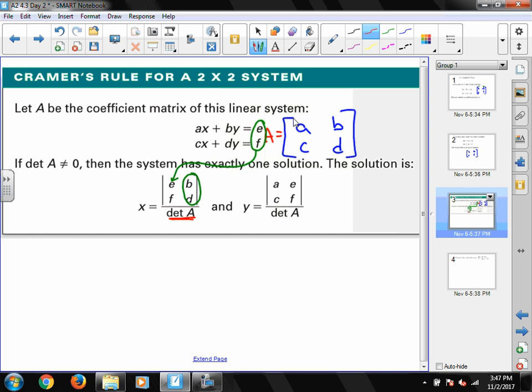Again, we go back to our matrix A. If we're going to find the y, our x's stay the same, so I keep my x coefficients, a and c, in there. Then I'm going to take e and f and plug them in where our y's would go. So you want to replace that. A and c stay there.